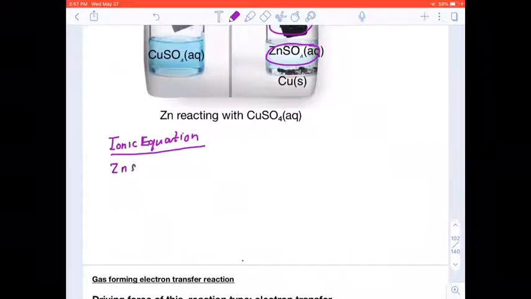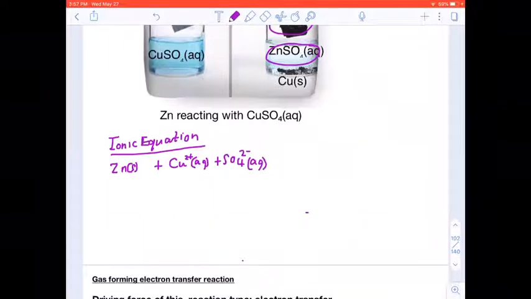Zinc is a solid in here, and then we have copper sulfate, which means copper has a 2 plus charge, and sulfate has a 2 minus charge.